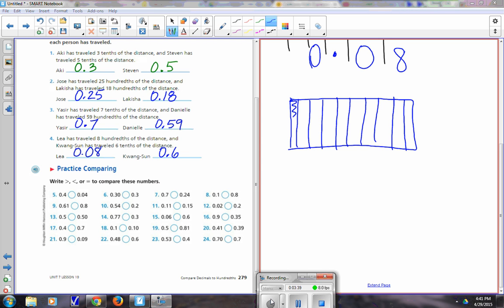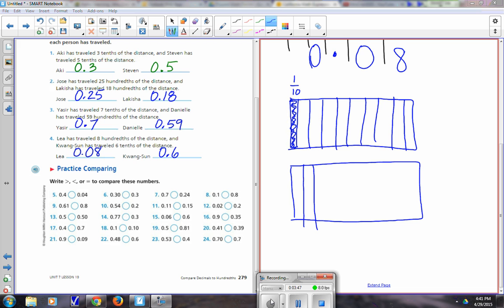So this right here is 1/10. Now remember the other visual we had was the same, but we had 10. Now, if I did that for all of this, this little square is 1/100th.